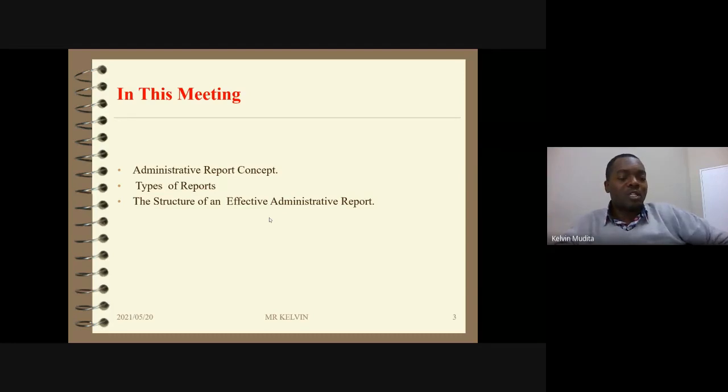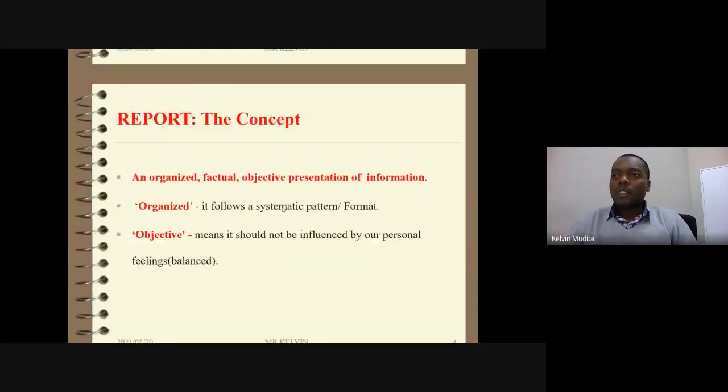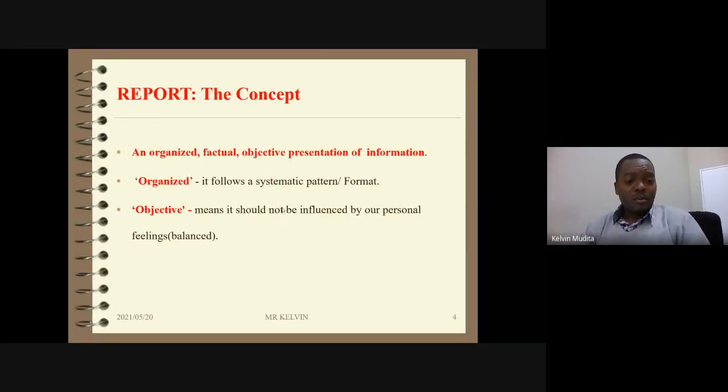So it is important that you know how to structure a report in general, so that as we go forward, when I tell you to explain something in the form of a report, some concept on maybe service contracts, you are going to be able to apply the concept that we are going to explain today. So let's look at the concept of a report.